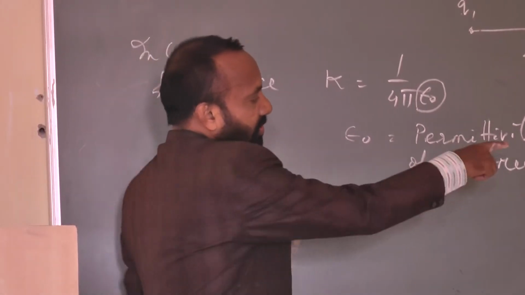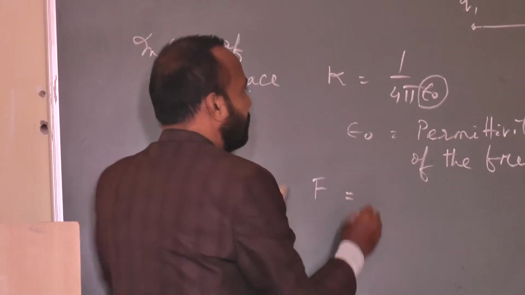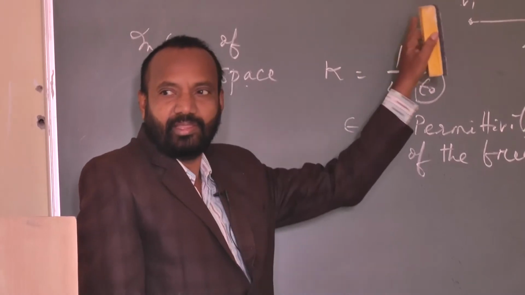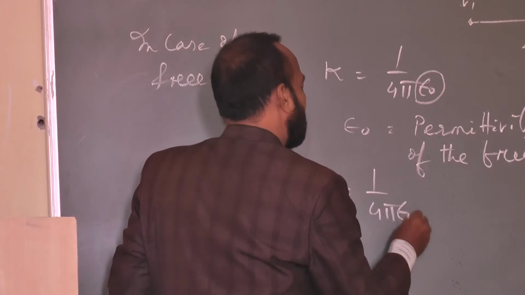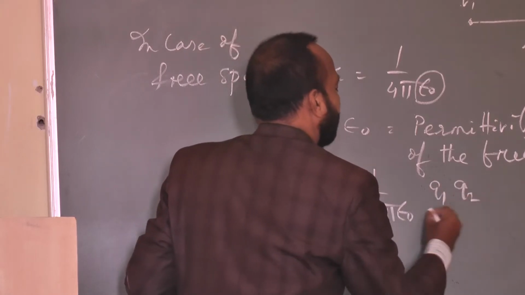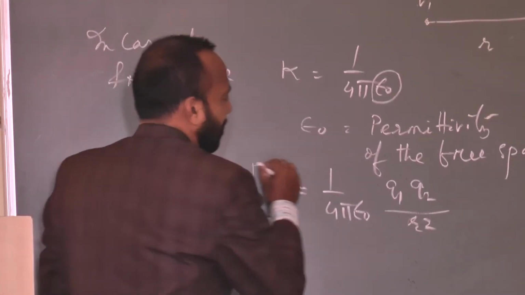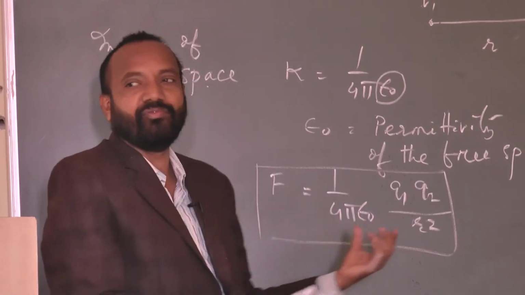So what will the Coulomb force be? If you substitute 1 by 4 pi epsilon naught in place of K, you get 1 by 4 pi epsilon naught Q1 Q2 divided by r square. This is the Coulomb force in the case of free space.